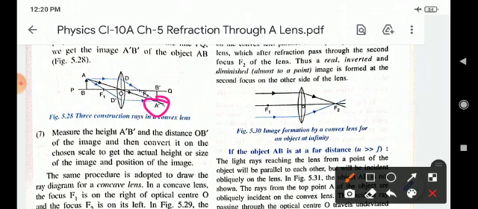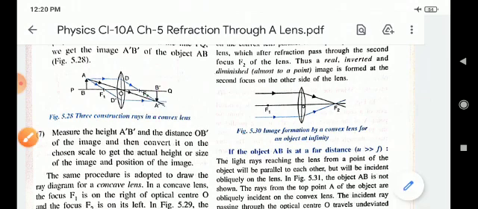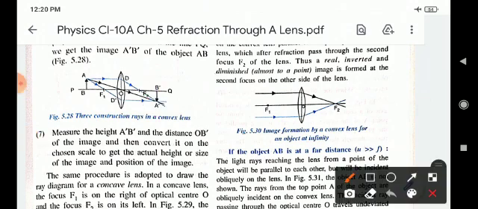By drawing a perpendicular A dash B dash, A dash B dash is the image of the object AB. It is real. Okay, children?